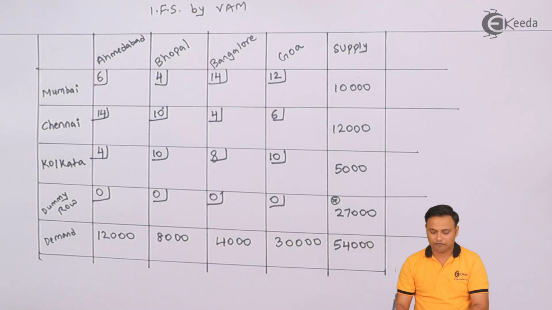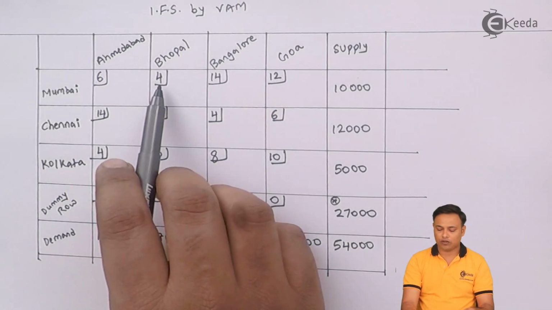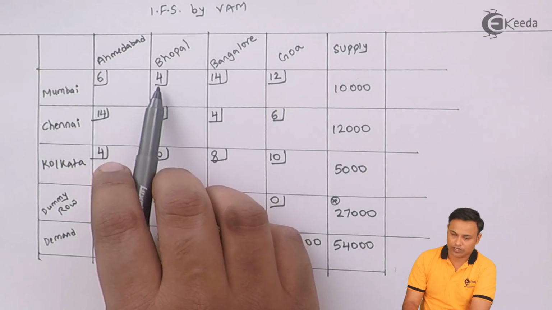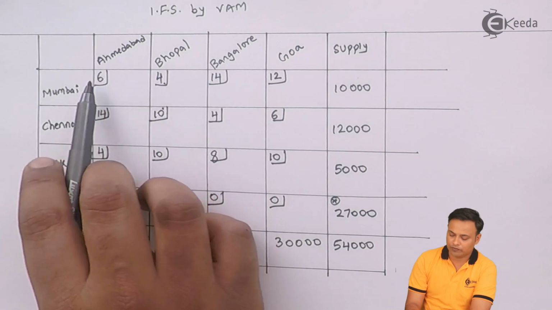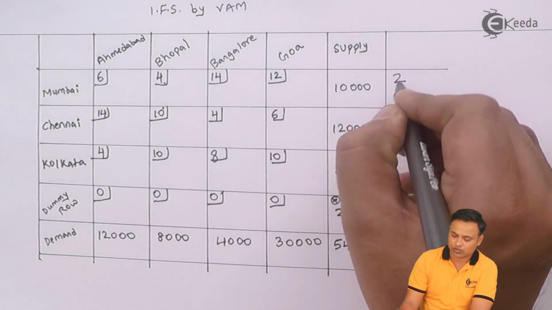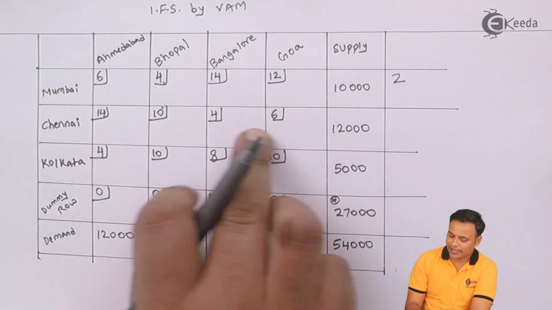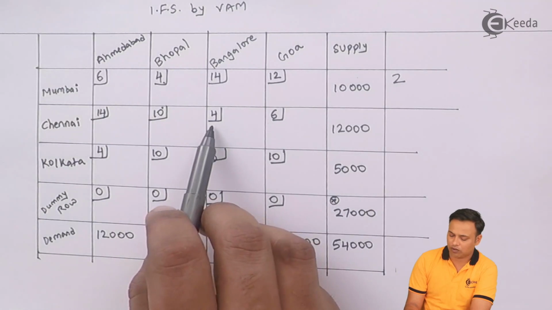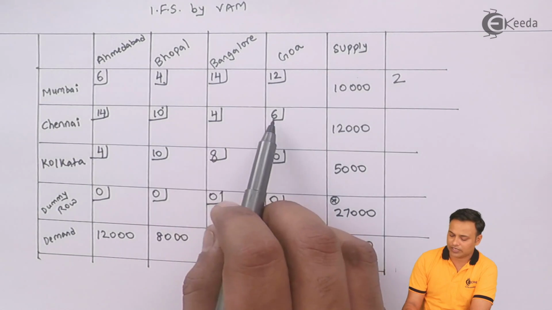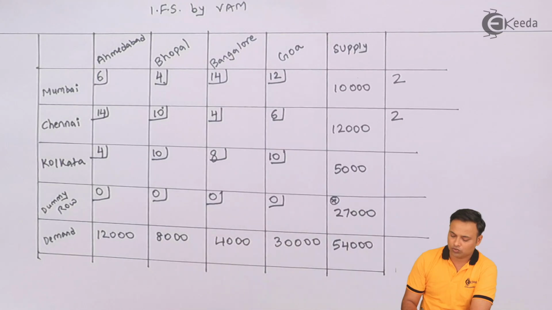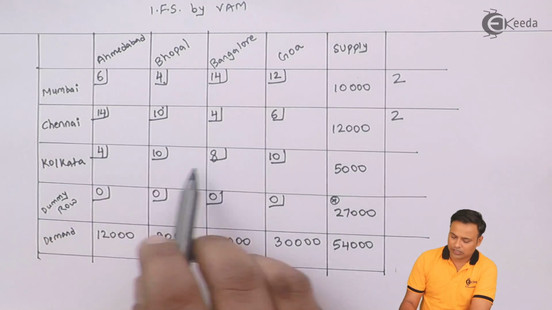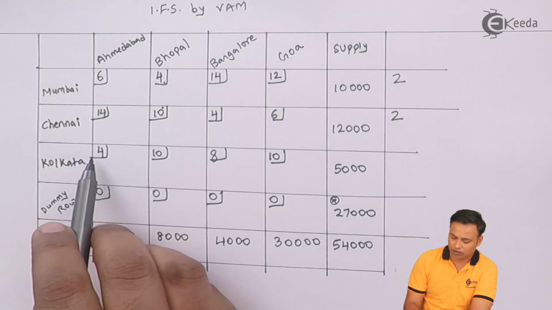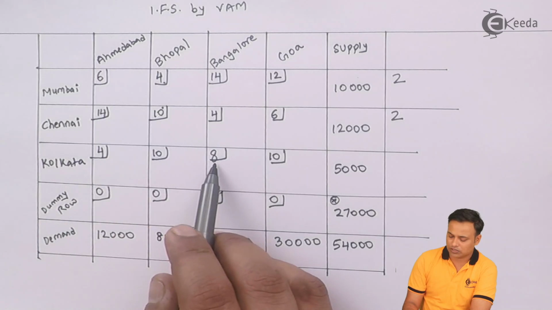cost in the first row is 4 and the next lowest cost is 6. The difference between 4 and 6 is 2. In the second row, my lowest cost is 4 and the next lowest is 6. Again the difference comes to 2. In the third row, the lowest cost is 4 and the next lowest cost is 8.